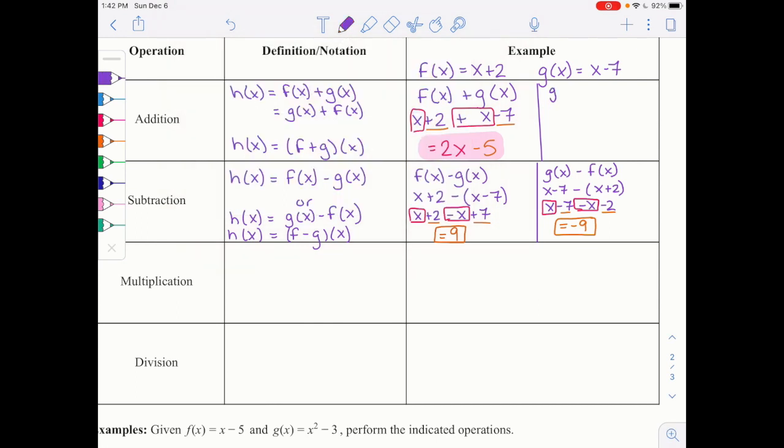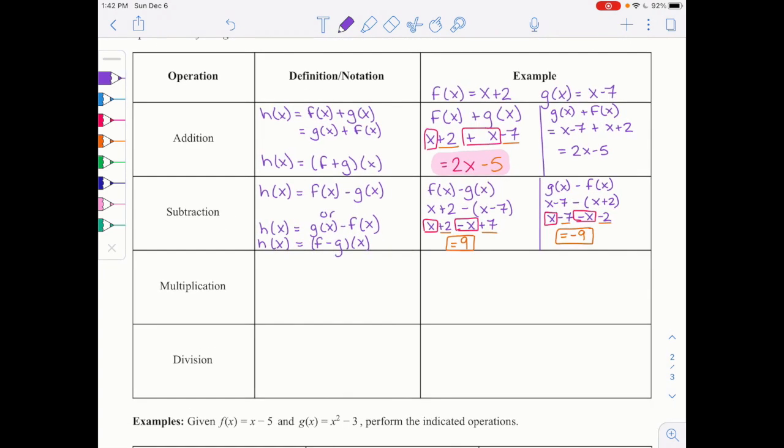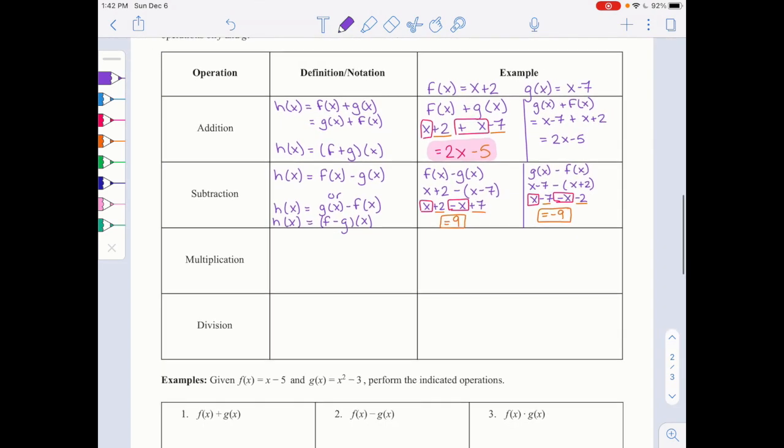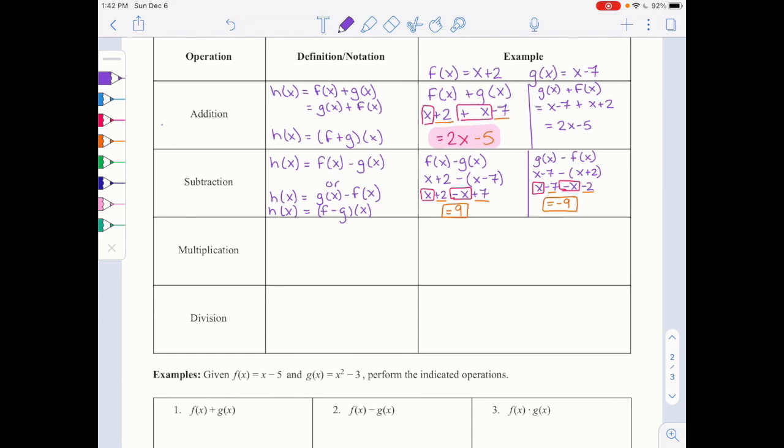But if I go back and I add them in the opposite order, it's not going to make a difference. So this would become x minus 7 plus x plus 2. And again, this still gets me to x minus 5. So order doesn't matter for addition. You can make a note of this here if you'd like.